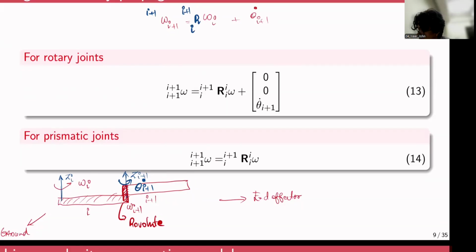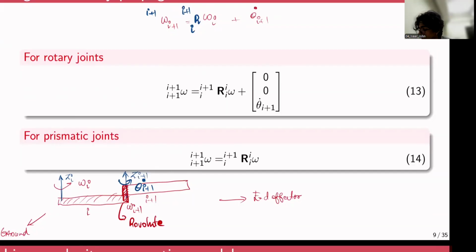And this theta I plus 1 is always associated with the frame of reference Z I plus 1, right? And as per the DH convention, we know that Z I plus 1 is always along the axis of the joint. If it is a revolute joint, Z I plus 1 is always along the axis of the revolute joint.